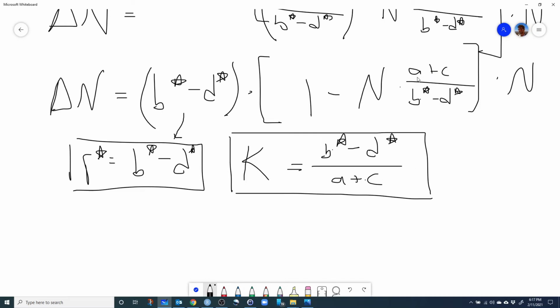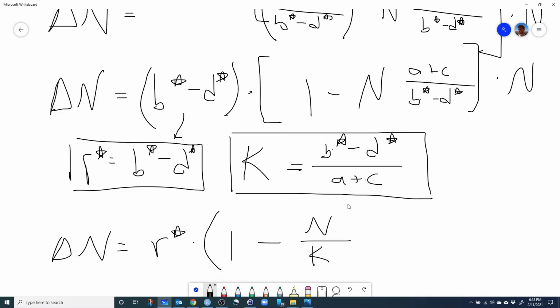So this is 1 divided by K. So we're going to replace this term, A plus C over B star minus D star, with 1 over K. And let's see what we come up with. Delta N is equal to R star times 1 minus N divided by K. Right?